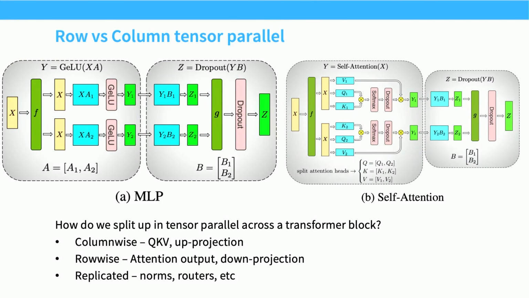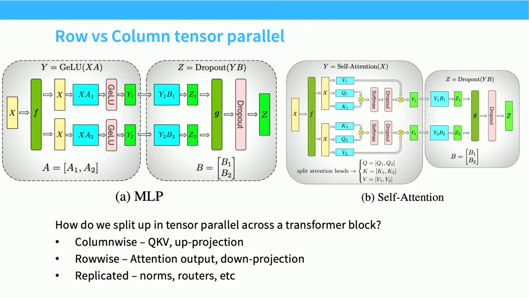Okay, and so you might have already noticed, when we split things, some of the ways are going to be column-wise. Column-wise tensor parallel is going to happen at the inputs. So the inputs of the MLP and the projections of the attention are going to be cut up by the columns in each transformer block. So these are column-wise cuts.